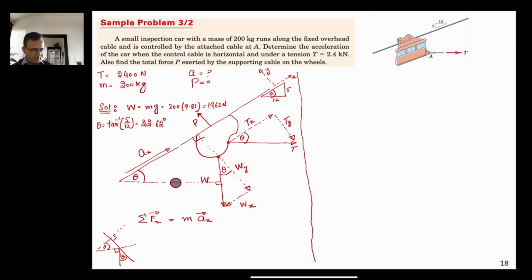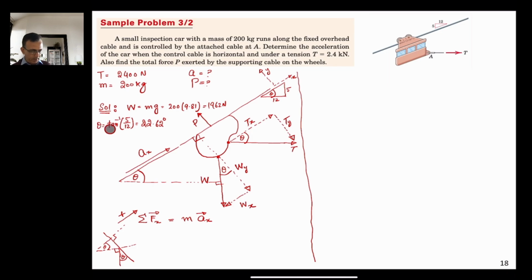So now if we know W, which is the weight, which we already know, then we can calculate Wx and Wy. Okay, so now if we use this equation here, summation of all the forces in x direction, now we know the forces. And again, it's always a good idea to write this down: all the forces in the positive x direction will be positive, and obviously the acceleration in the positive x direction is positive.